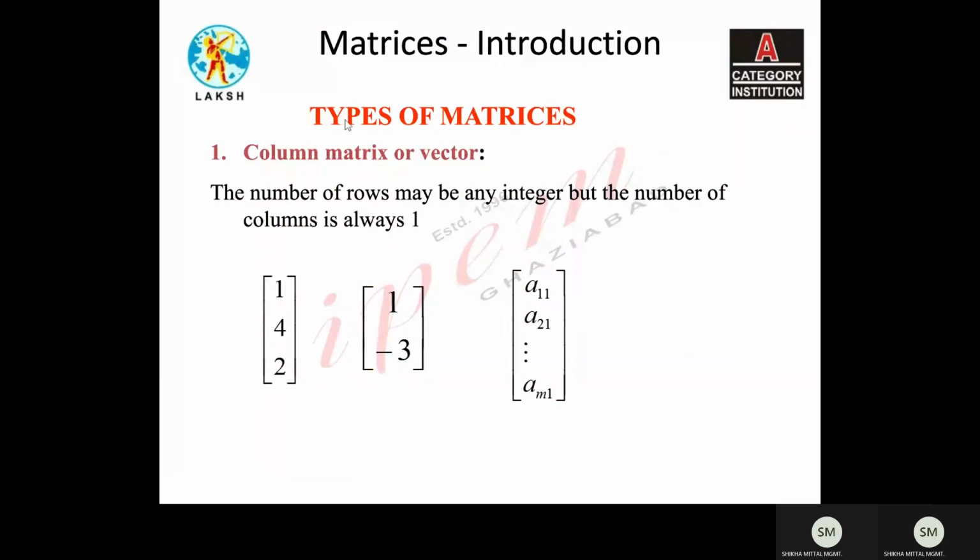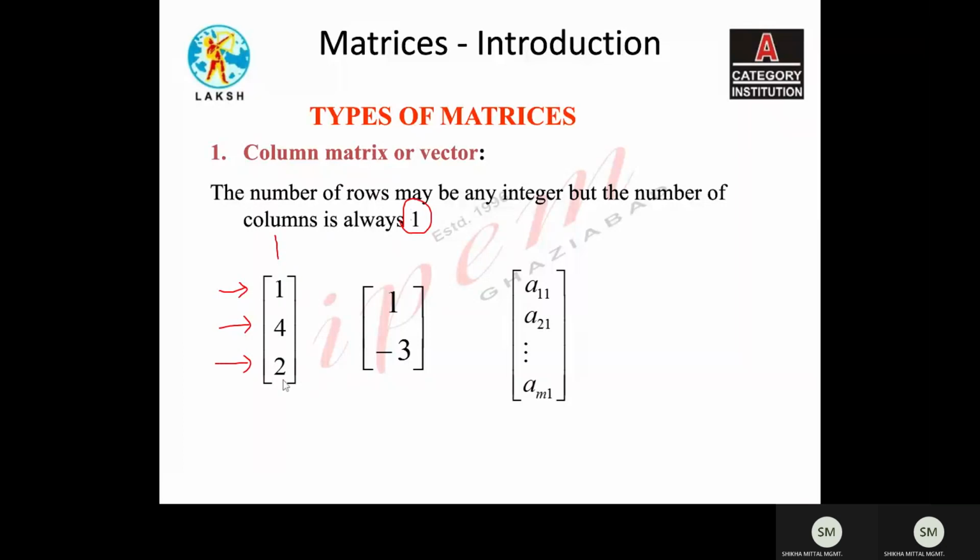The next topic is types of matrices. Right. So the first one is the column matrix or vector. Column matrix means if there is only one column, then this type of matrix is known as a column matrix. Let's understand it with the help of an example. There are 3 rows in this first example, first, second and third row. And the number of columns is only 1, right? 1, 4, 2.